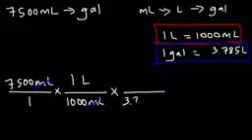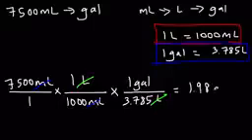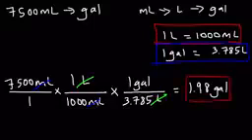So we're going to put 3.785 liters on the bottom, and then 1 gallon on top. So now it's going to be 7,500 divided by 1,000, which is 7.5, and then divide that by 3.785. So the answer is equal to 1.98 gallons. So this is an example of converting from one unit of volume to another. So that's how you can convert from milliliters to gallons.